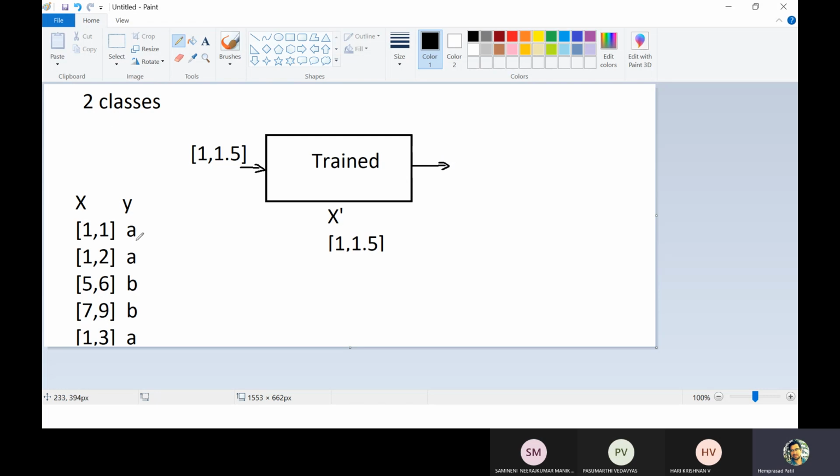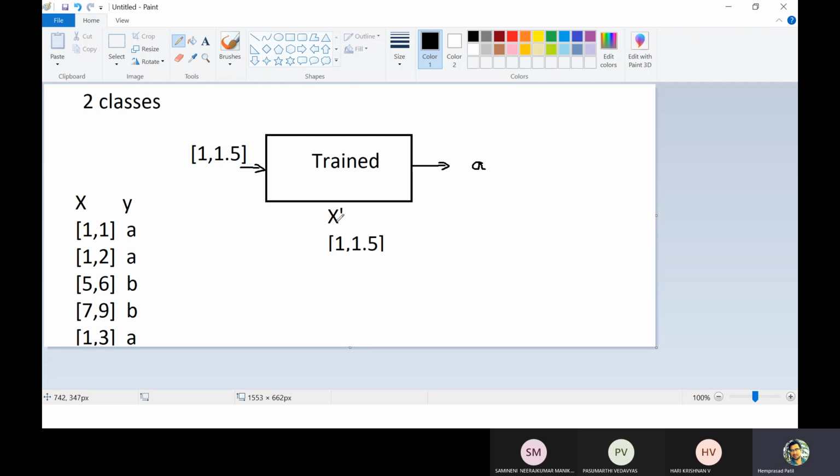A or B. By observing this, you can tell that it should predict A, because this sample 1 and 1.5 is near to the samples of A than B. B are 5, 6, 7, 9, they are higher values, and A are some lower values which are near to 1. So 1, 1.5, definitely this will be class A.